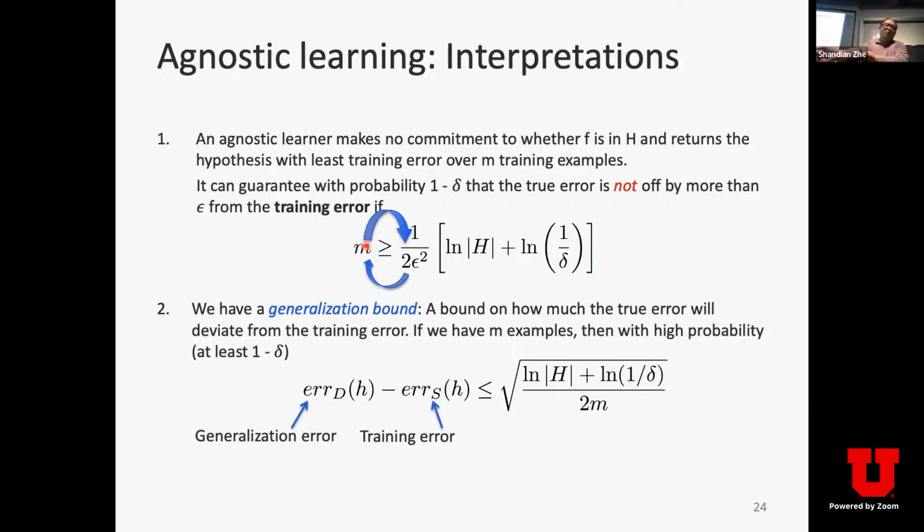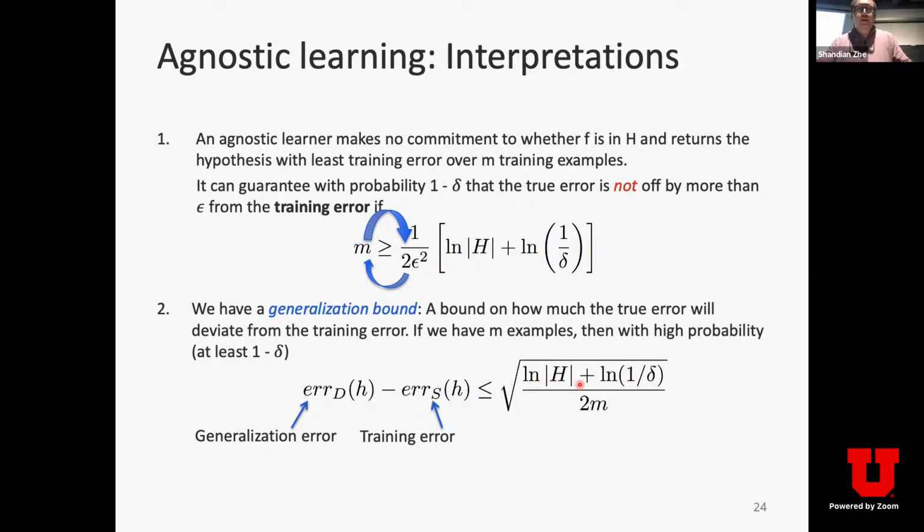Meanwhile, if we switch epsilon and n, where epsilon is the difference between the generalization error and the training error, we can obtain the so-called generalization error bound. The generalization error bound means that for any training examples, with probability at least 1 minus delta, the difference between the generalization error and the training error is upper bounded by this quantity.